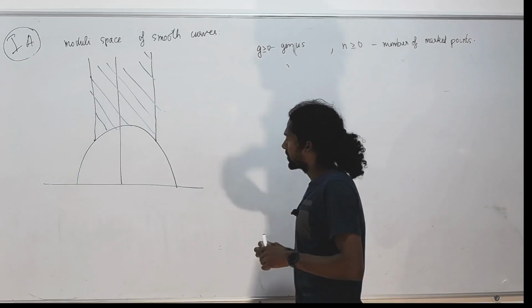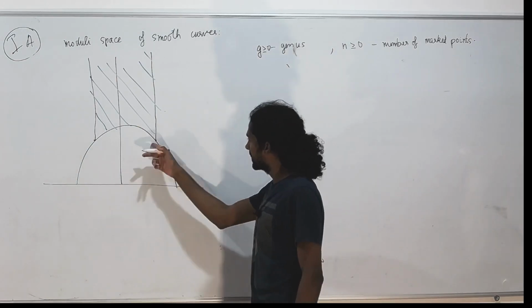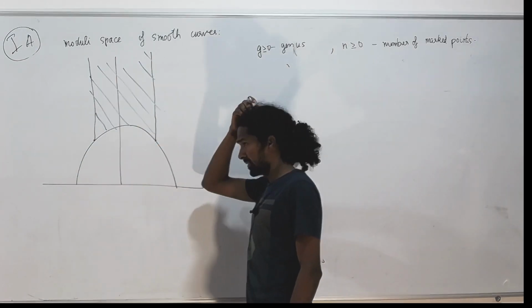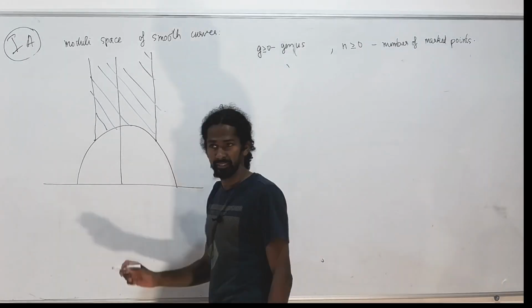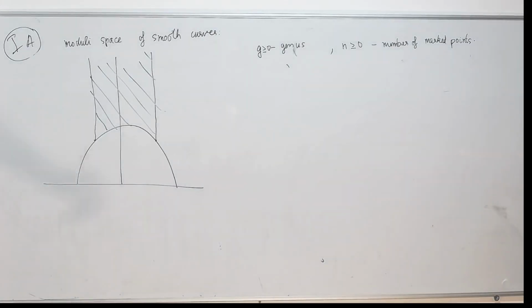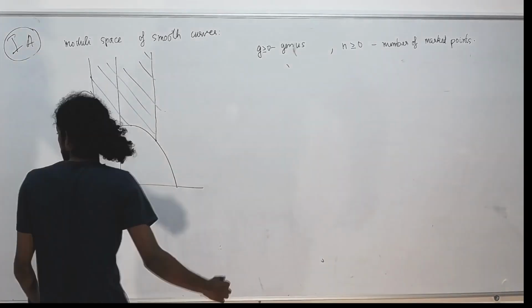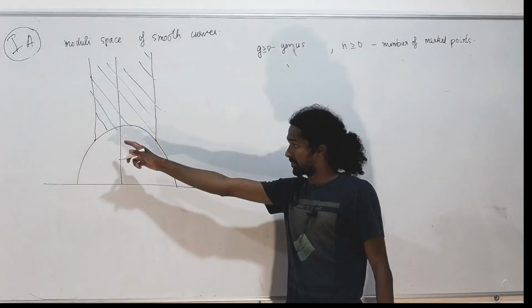Right, so this point is like a third root of unity. The orbifold structure I want is really for the quotient by SL2Z.